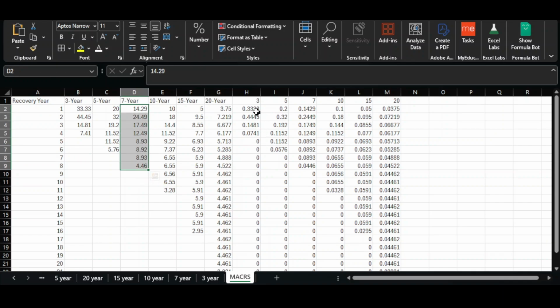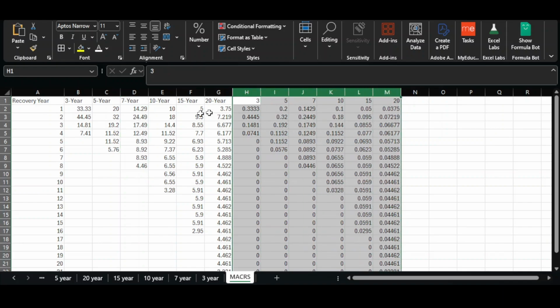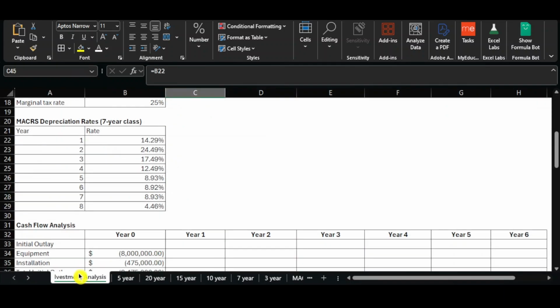The other value on the right is just a decimal format of it, which will be used later in the other section of the main sheet. So this is useful for referring to. All right, now going back to the main sheet, which is the investment analysis.